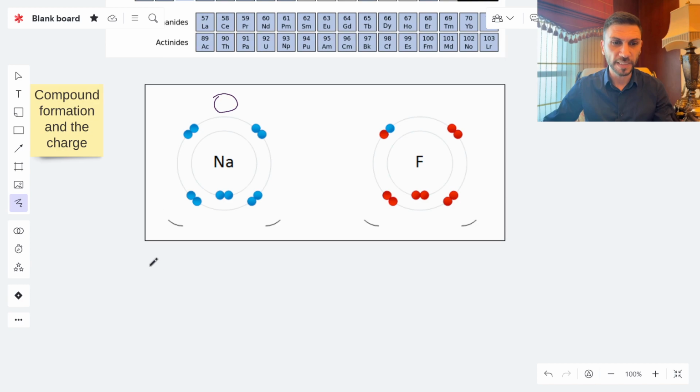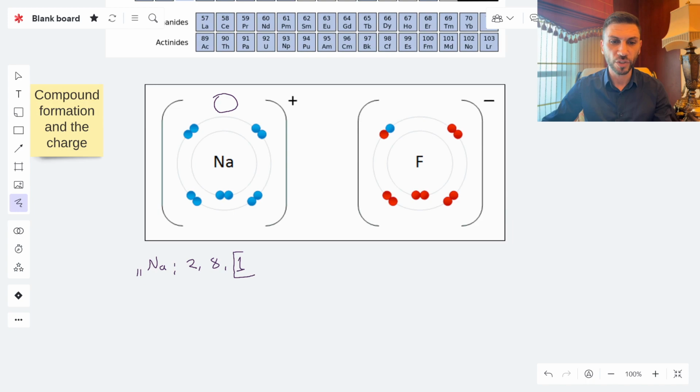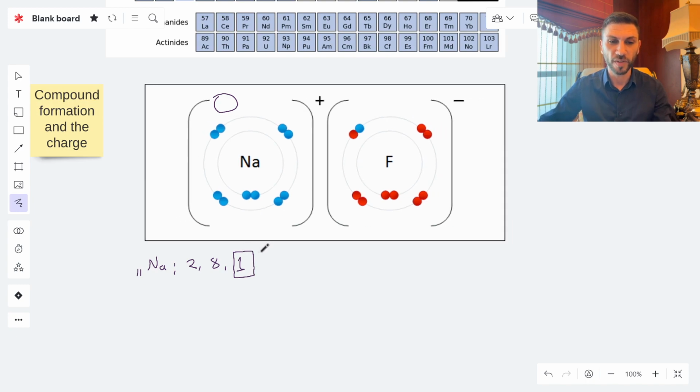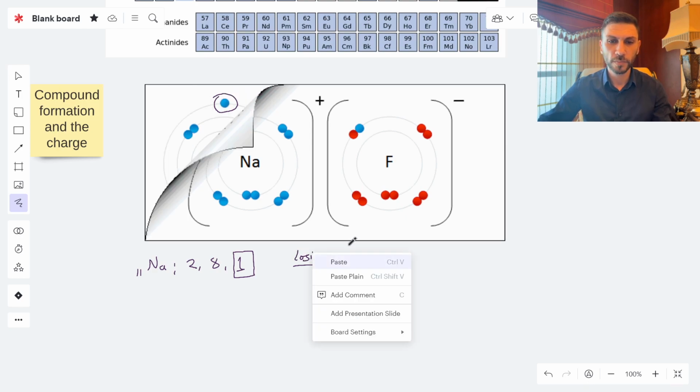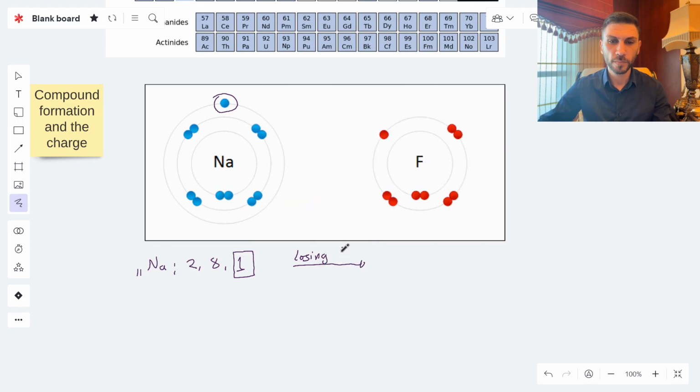So if we write the electron configuration of the sodium with 11 electrons, it's going to be 2, 8 and 1. We have only one valence electron. We need to get rid of this valence electron. So after losing this valence electron, it will become Na positive, which is the cation.